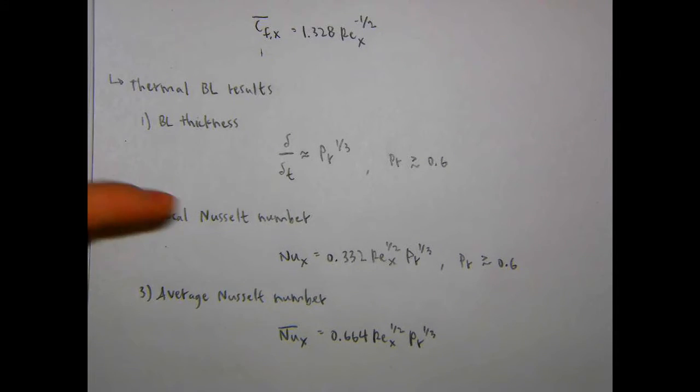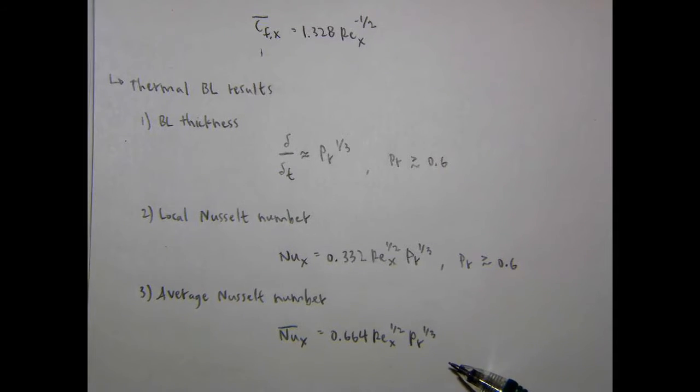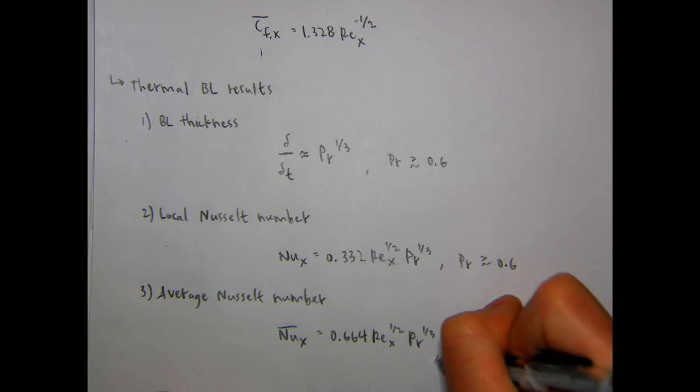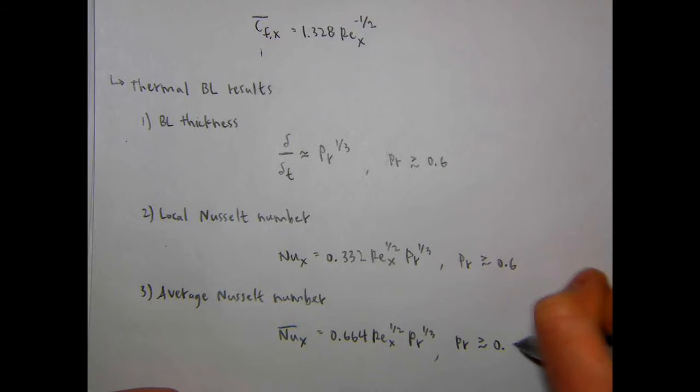For the local Nusselt number, you're saying this is a Nusselt number at that x location. But if you use the same x value and plug it into the average Nusselt number equation, you get the average from 0 up to that x location. It's a key difference. Does that also have the same Prandtl requirement? It does, yes. I just did not write it down. Also for Prandtl number greater than 0.6.